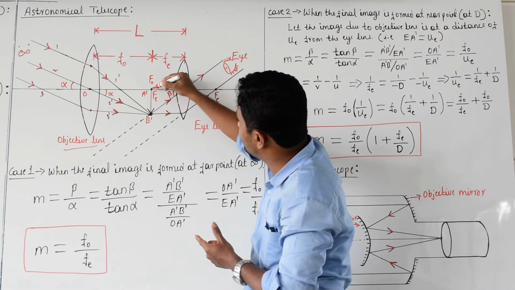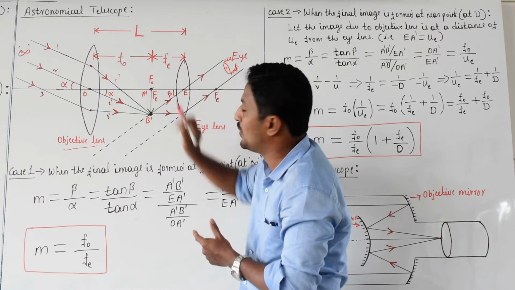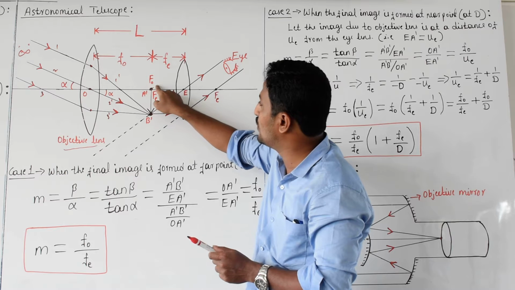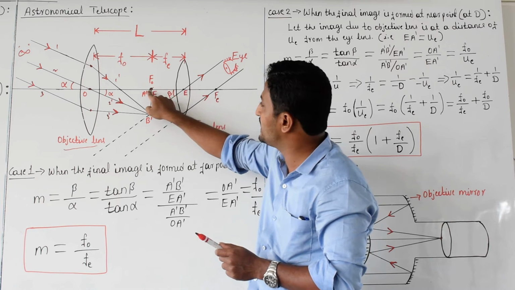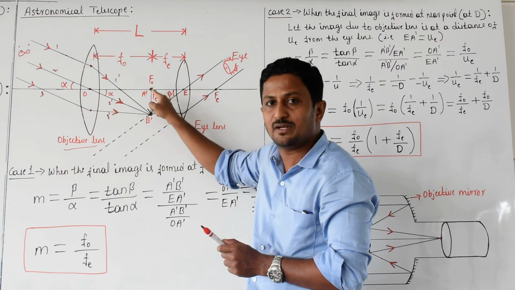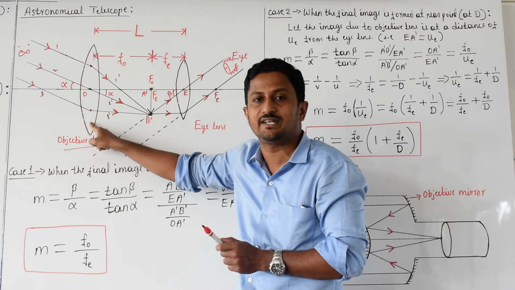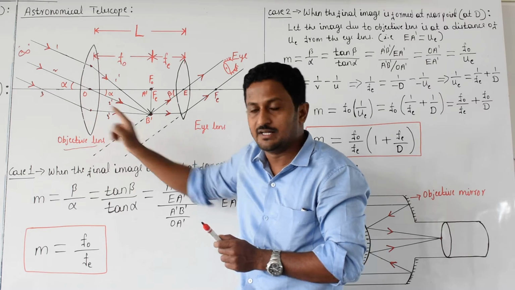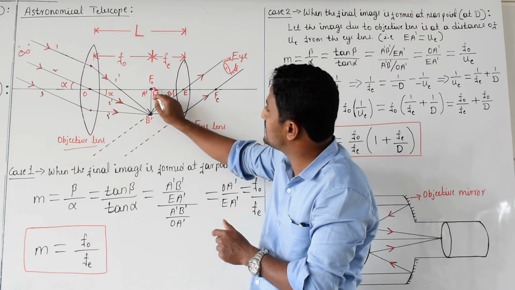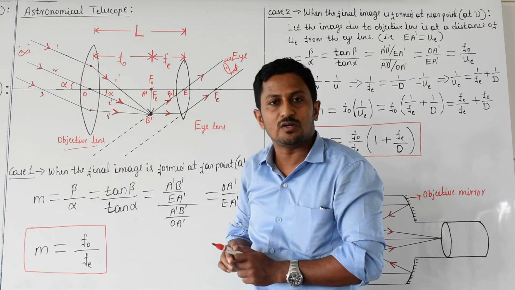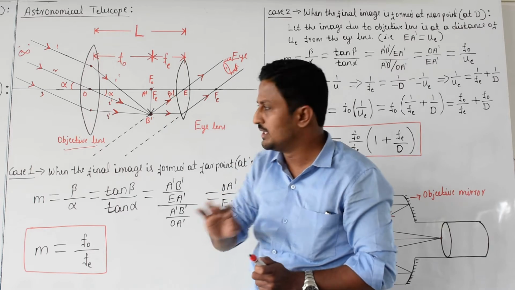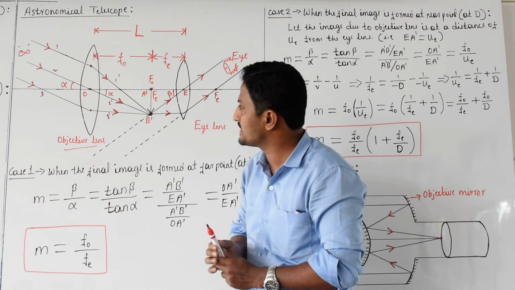Here I named this point capital FO. Capital FO is nothing but the principal focus of this objective lens. Getting it? Yes, the image is produced at the principal focus. We understood?